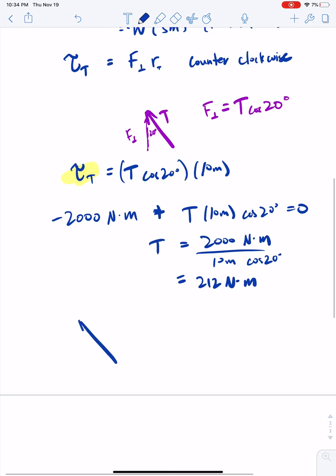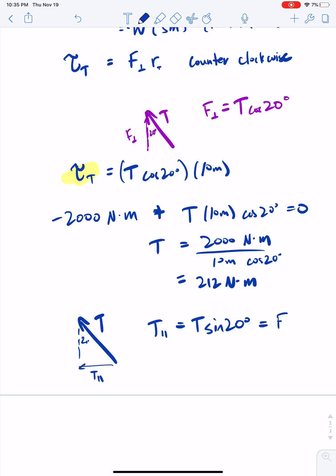So again, if I've got my tension force like this, got this 20-degree angle here, this is the tension force parallel to the bar.